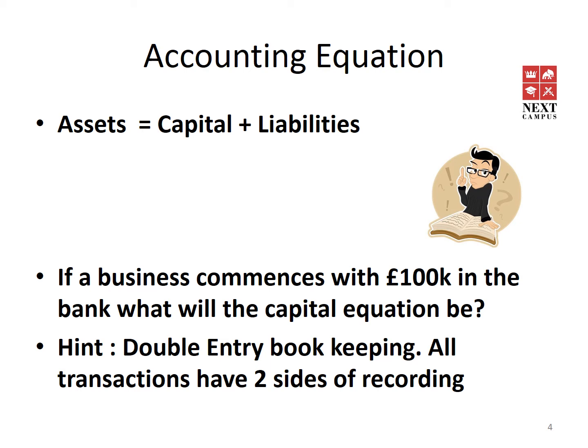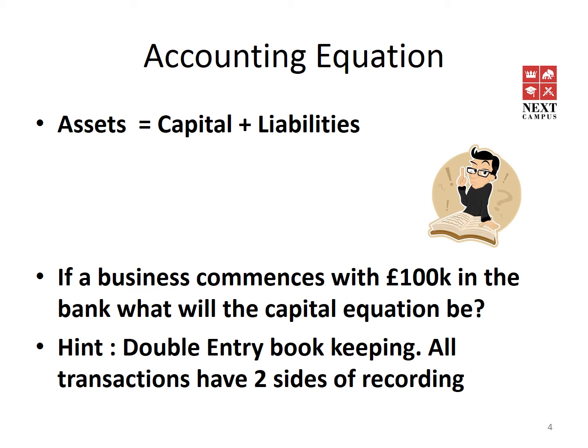So on one side, cash will go up, and on the other side, on the right hand side, the investment of capital will move up. Assets on the left hand side will go up by 100,000 pounds, and on the other side, capital will go up by 100,000 pounds. So ultimately, this equation will be balanced: assets equal capital plus liabilities.